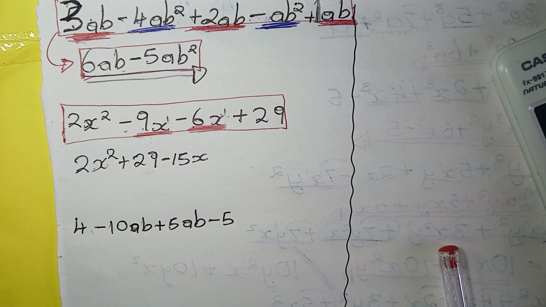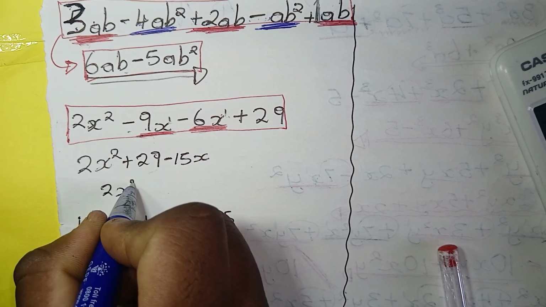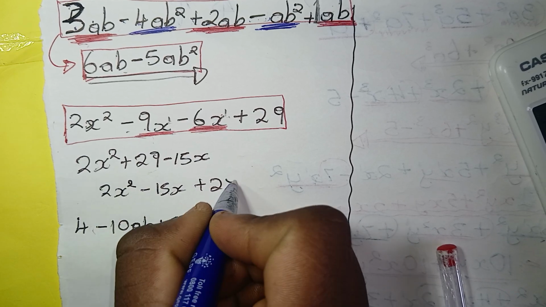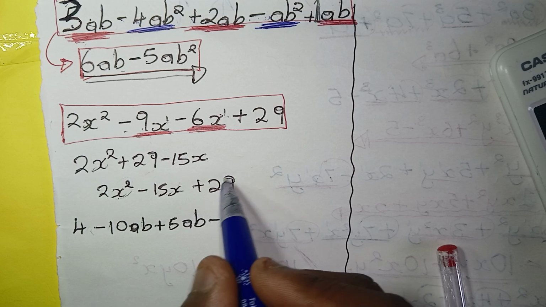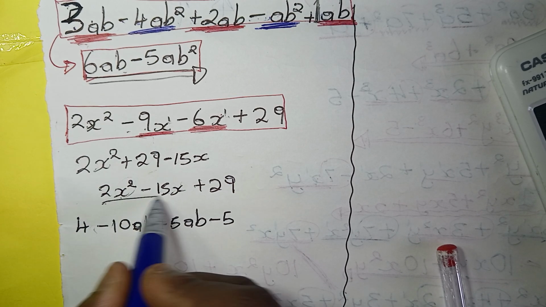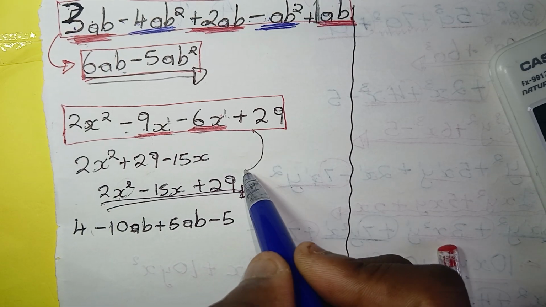And if you want to, you can rearrange this into this order: x, and say plus 29. Start with the big exponent, small exponent, the one which doesn't have the exponent.